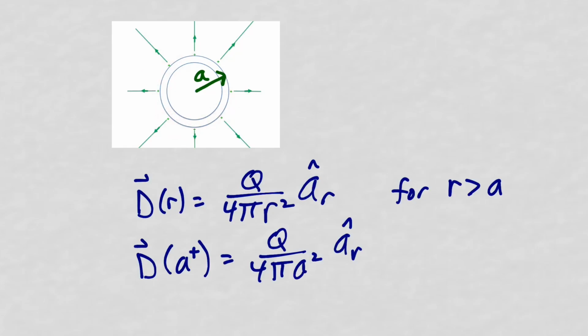Now let's calculate the charge density on the surface of our sphere. Okay, so the charge density will be the charge on the sphere divided by the surface area of the sphere. So the magnitude of the electric flux density field on the surface of the sphere is the same as the charge density on the surface of the sphere.